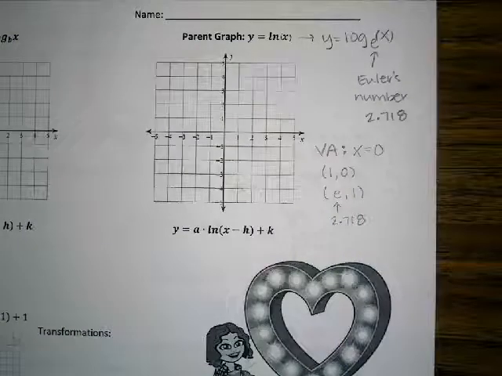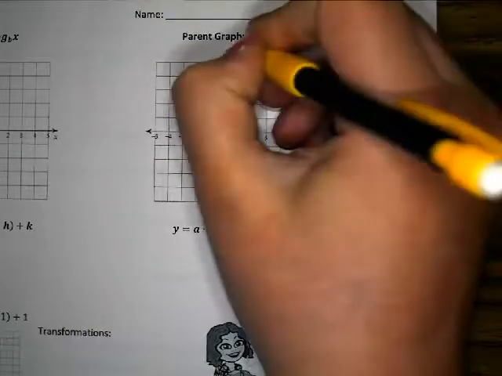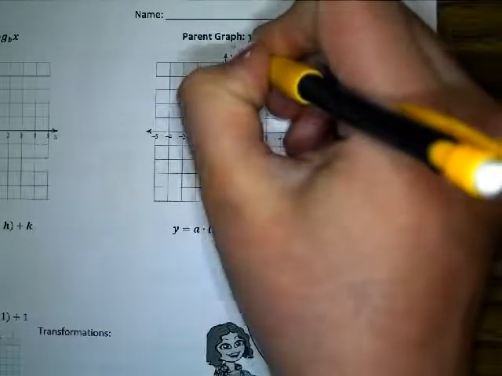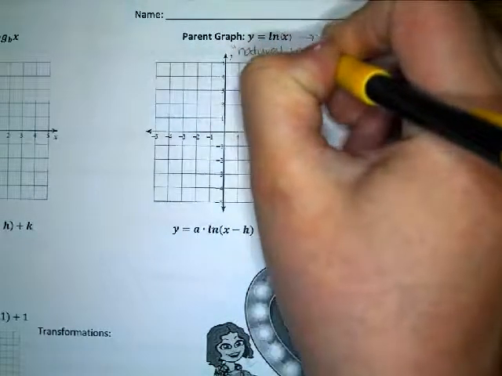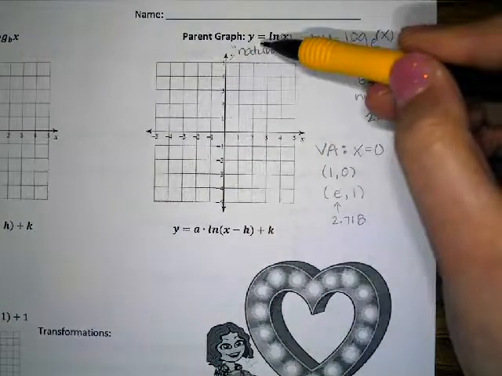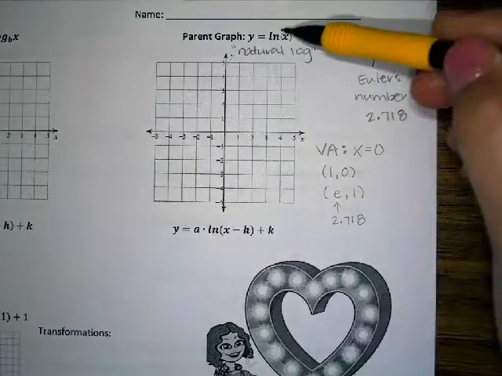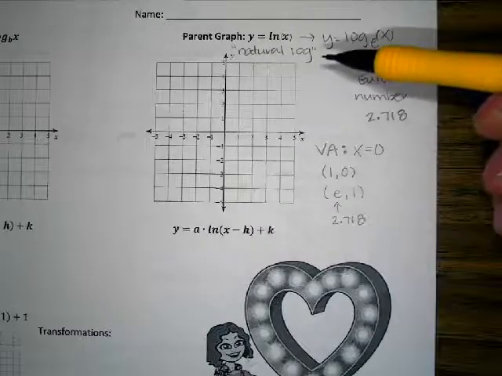Now, ln is called the natural logarithm. I think the reason that it's ln and not nl, I'm guessing, is that it comes from Latin of some sort, probably something like log natural.